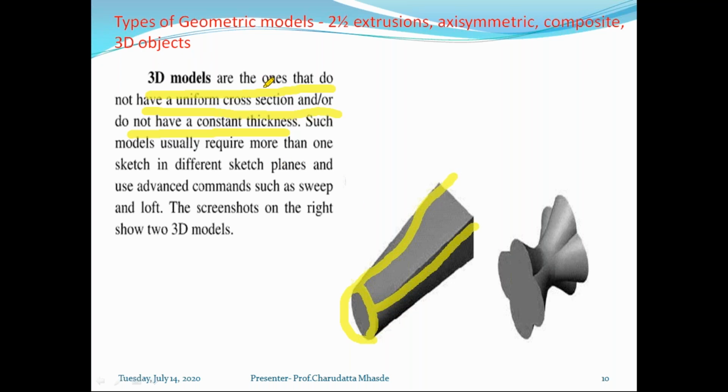So a 3D model is one that does not have uniform cross section in the third dimension and or does not have constant thickness. Similarly, you can see the cross section moving or varying along this direction. So we can differentiate a 2.5 extrusion from a 3D model: in a 3D model it does not have any uniform cross section or any constant thickness. This is the only difference.